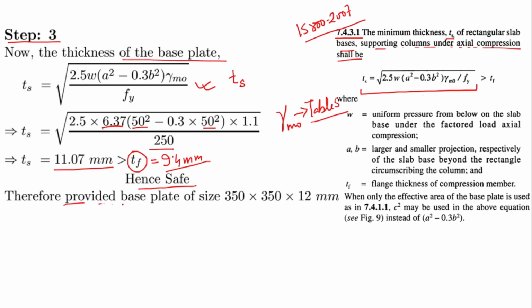Therefore, we provide a base plate of size 350 x 350 x 12 mm. 350 and 350 are the sides of the base plate, and 12 mm is the thickness. As the thickness required is 11.07 mm, we have provided a little more than required, that is 12 mm.